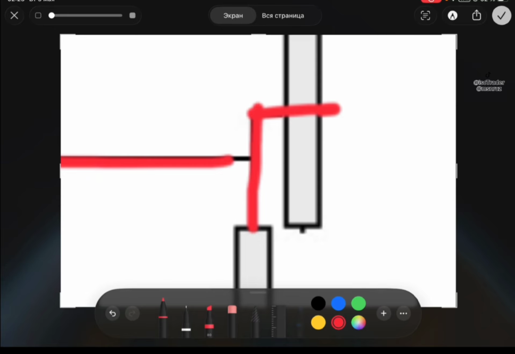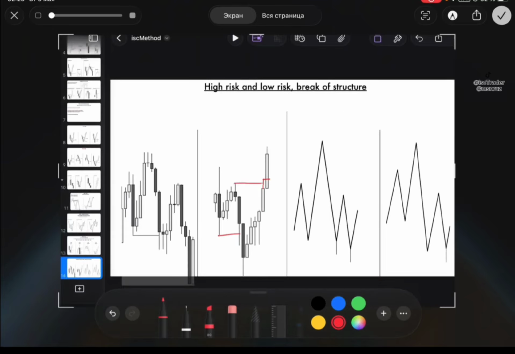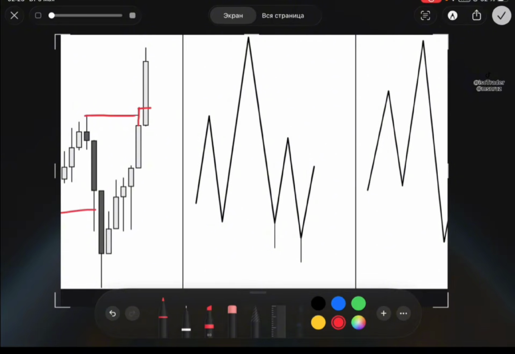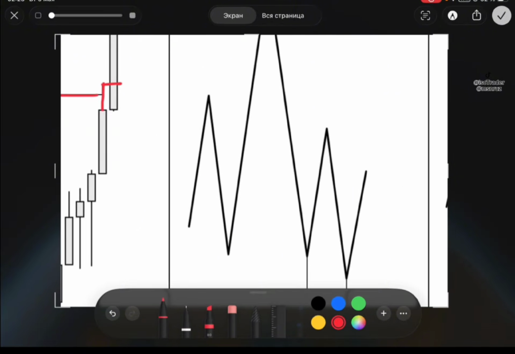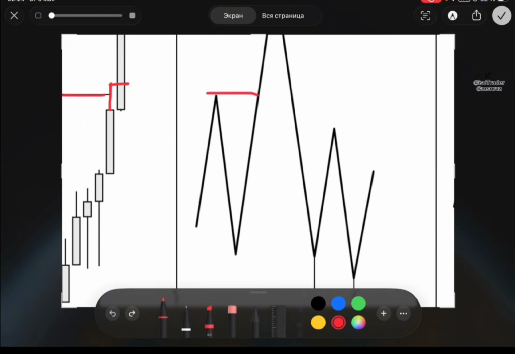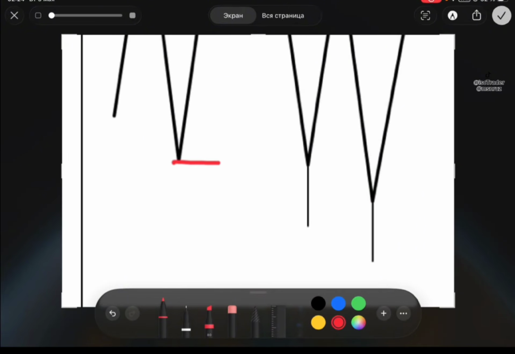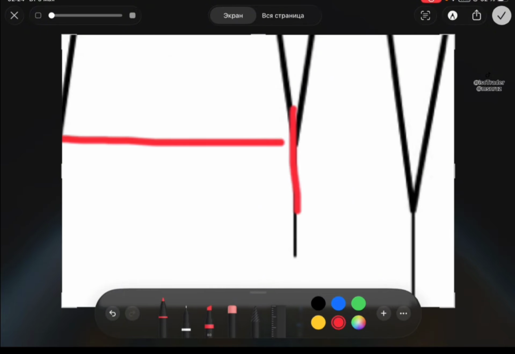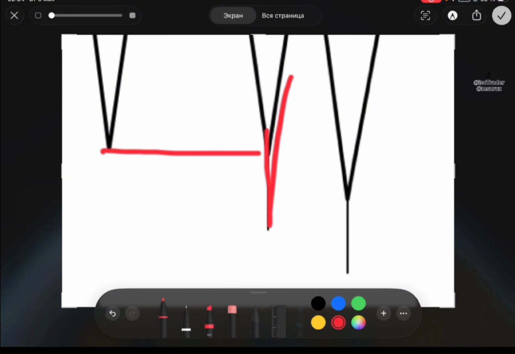And in this case, we can consider it to be a breakout. And in the exact same way, we have a liquidity sweep and a breakout. If the market breaks out using its shadow, that's high risk. It's considered high risk.